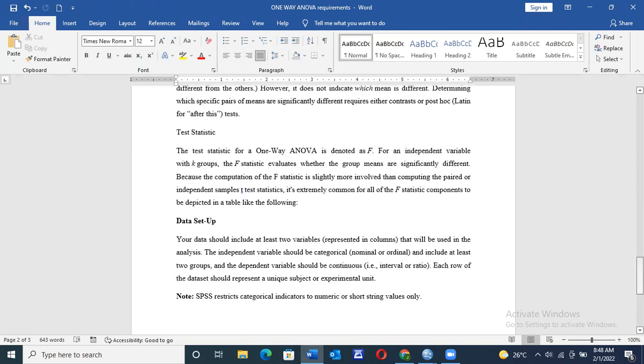These are some of the requirements, or the assumptions, before you do the one-way ANOVA analysis. In our next tutorial, we'll be looking at how you can run one-way ANOVA, interpret the one-way ANOVA, and report one-way ANOVA.